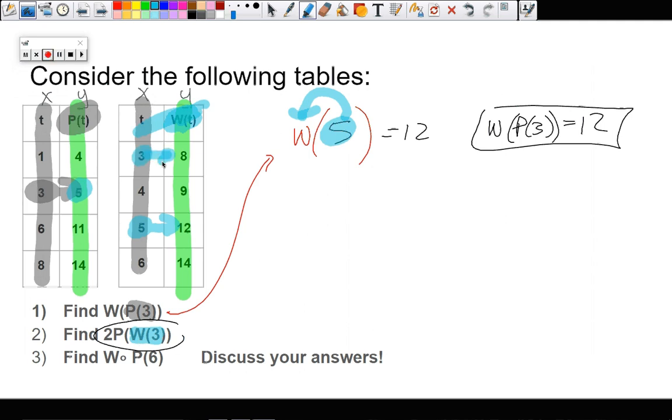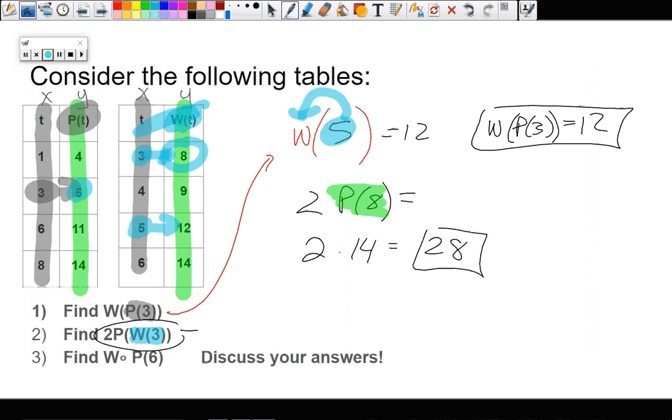I plugged in 3 and I got 8. So now I have 2 times p of 8. Let's find p of 8. Look up here. What's p of 8? 14. And if I now multiply that with 2, my final answer is 28. So you would put it just like that, and you could box the whole thing.